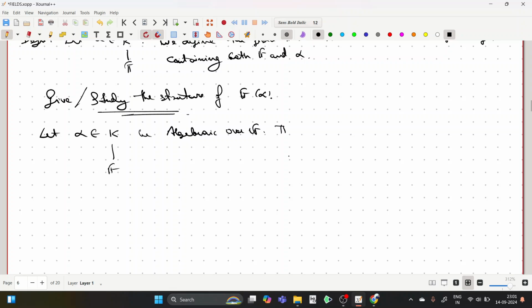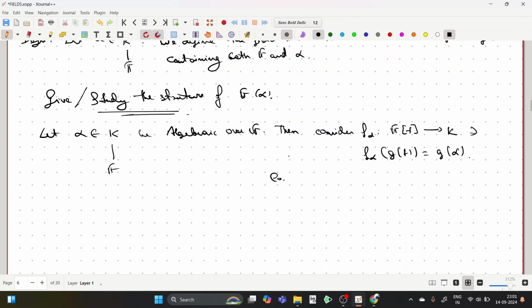Now, I am not writing the steps which I did in the previous lecture in the case of substitution maps. Then consider the substitution map phi alpha from F[t] to K such that phi alpha of a polynomial g(t) is given as g of alpha.